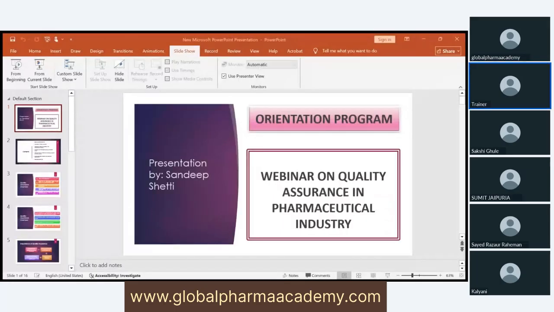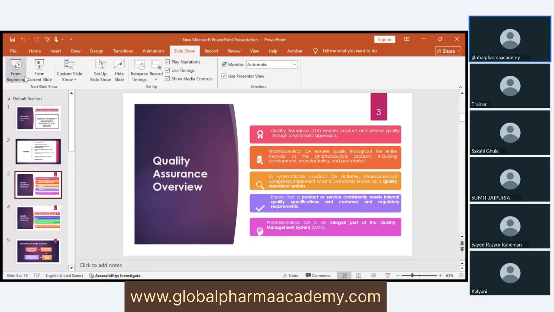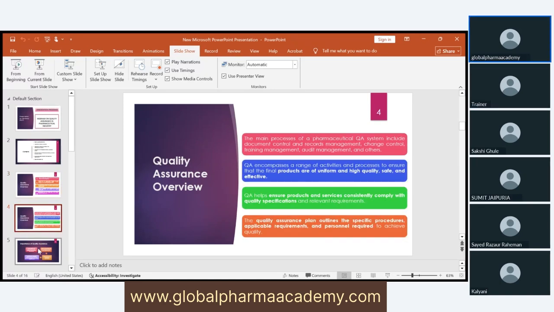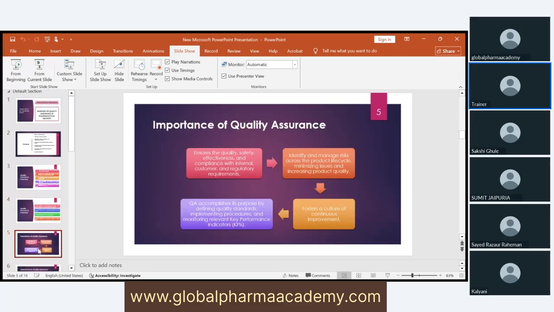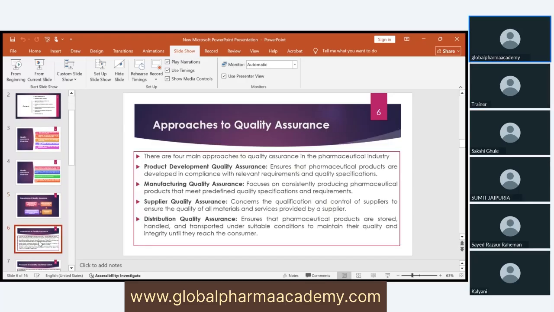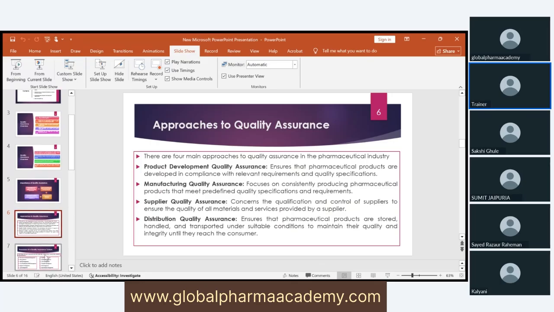So now we are on the 6th slide, right? No, this is the first slide itself. Can you move the slide to 3? This is third. Okay, this is 4th. Yes, this is fourth. 5th. Yes. 6th. Yes. Okay. So I'll just keep it this way only, because I feel there are some issues in presentation mode.